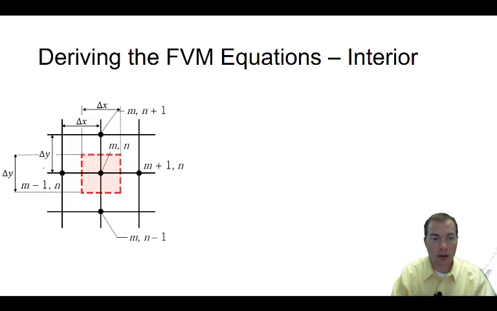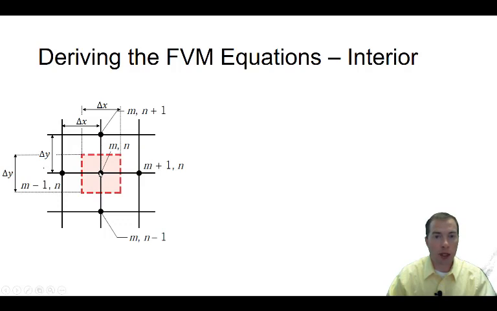On this slide, we have depicted an interior node in a numerical mesh. The volume associated with the node is indicated in red. This is a 2-dimensional mesh. The volume has 4 faces. The mesh spacing is such that the distance between node points in the x direction is delta x, and the distance between node points in the y direction is delta y.